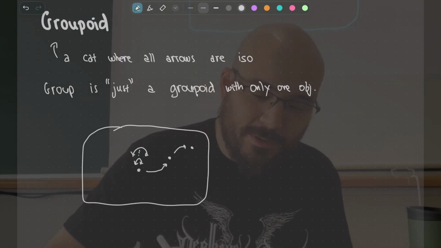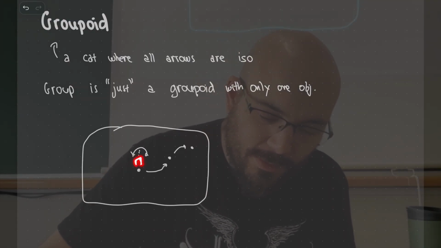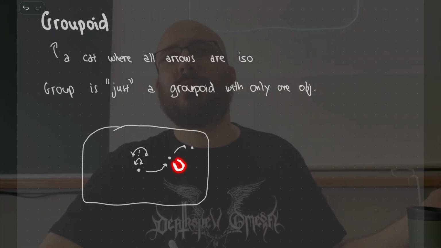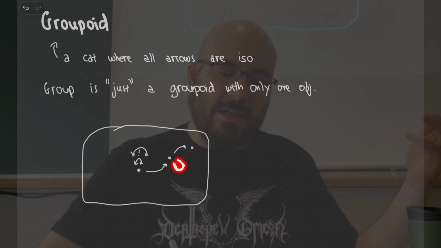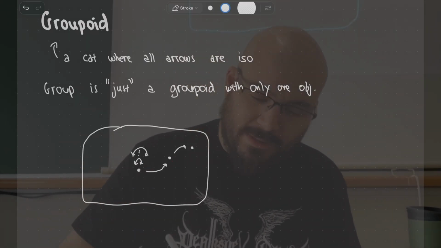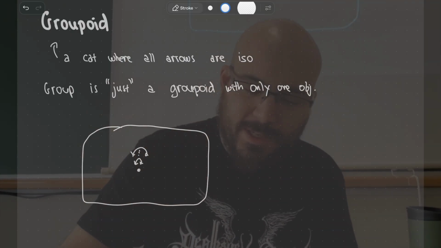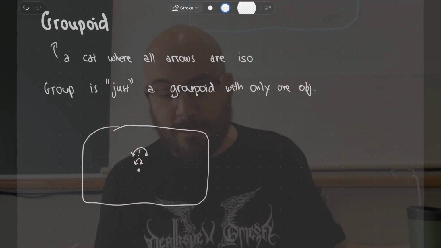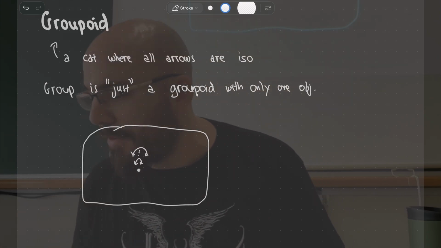There may be some arrows that are not composable, like if you take this arrow and try to compose it with this arrow, they should not be composable, so your multiplication ends up not being totally defined. But from the point of view that we are seeing things, the definition that would make more sense would be this one.